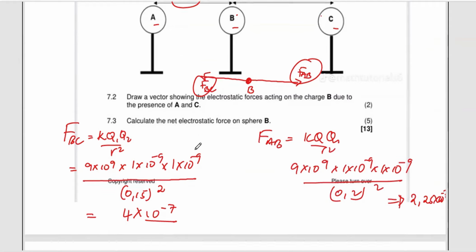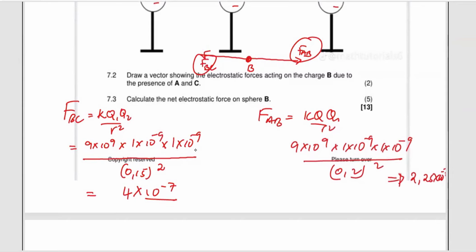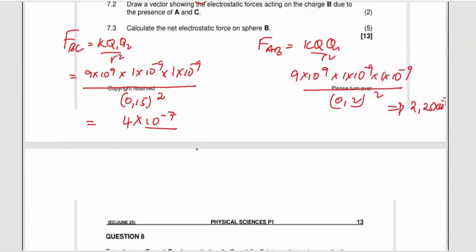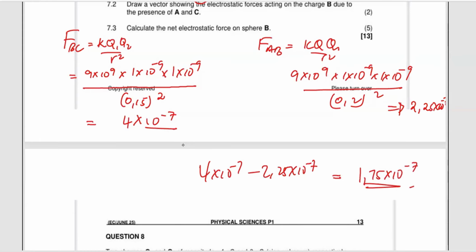Now, the fact that the two forces are in opposite directions, I'll take the bigger force and subtract the other. So it's 4 times 10 to the negative 7 minus 2.25 times 10 to the negative 7, which gives me a resultant of 1.75 times 10 to the negative 7.